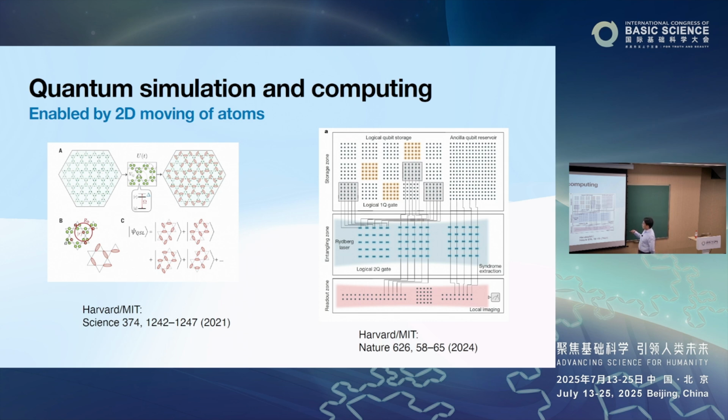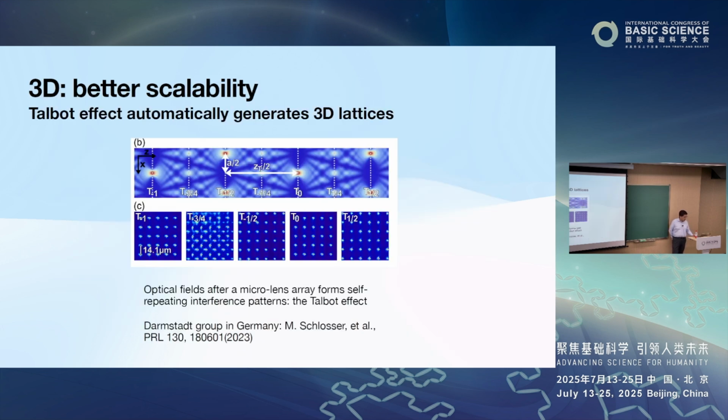And for quantum computing, as I mentioned to you before, one would need to rearrange the atoms after a couple of gates or even one gate in order to change the circuit. And then in addition, one would also have to move the atoms, say, between the storage zone to the entangling zone and to the readout zone in order to satisfy different functions in the quantum circuit.